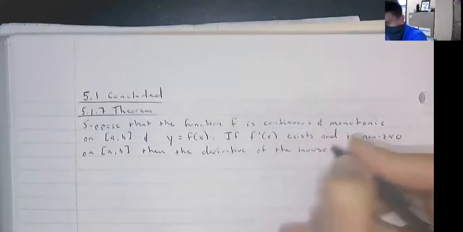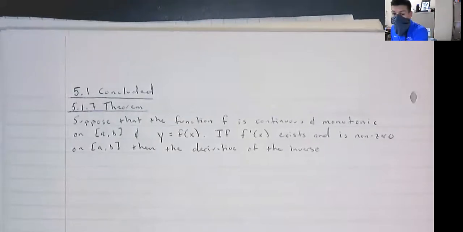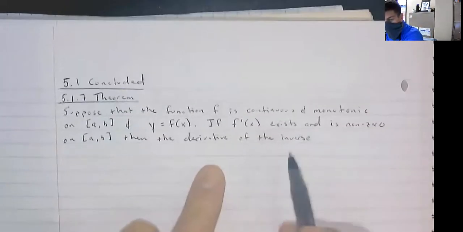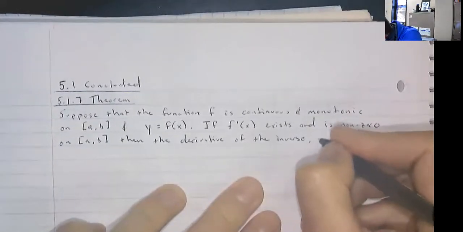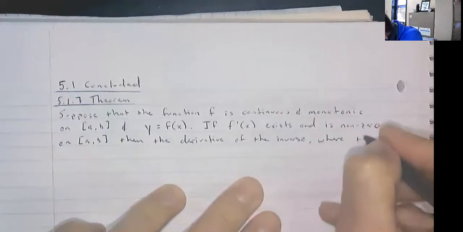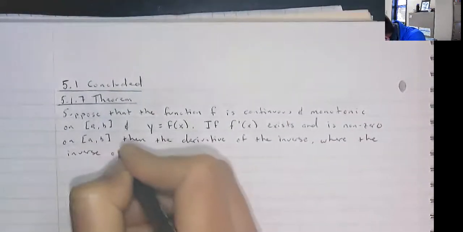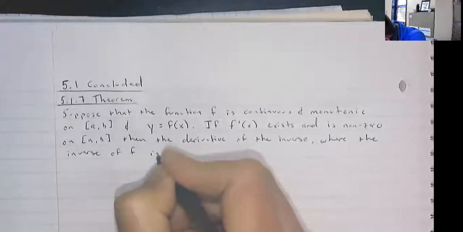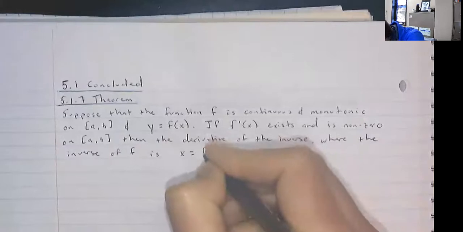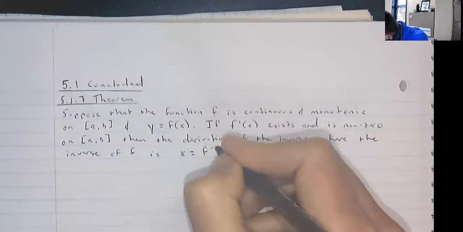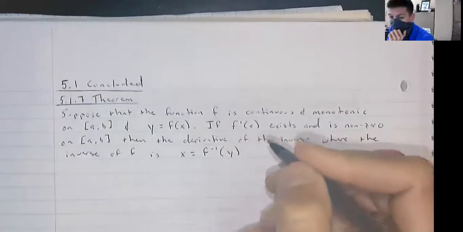this is where the whole solving for x thing yesterday sort of comes into fruition. The derivative of the inverse, where we're going to let the inverse of f be x equals f inverse of y.